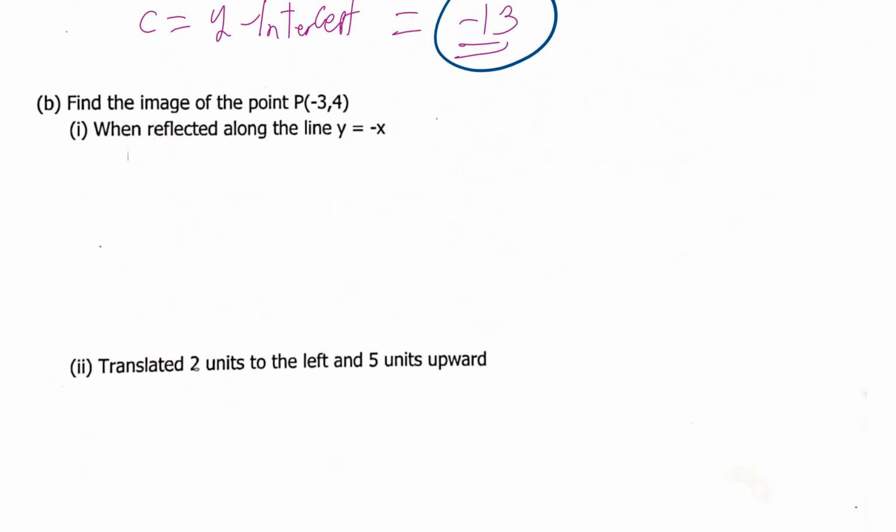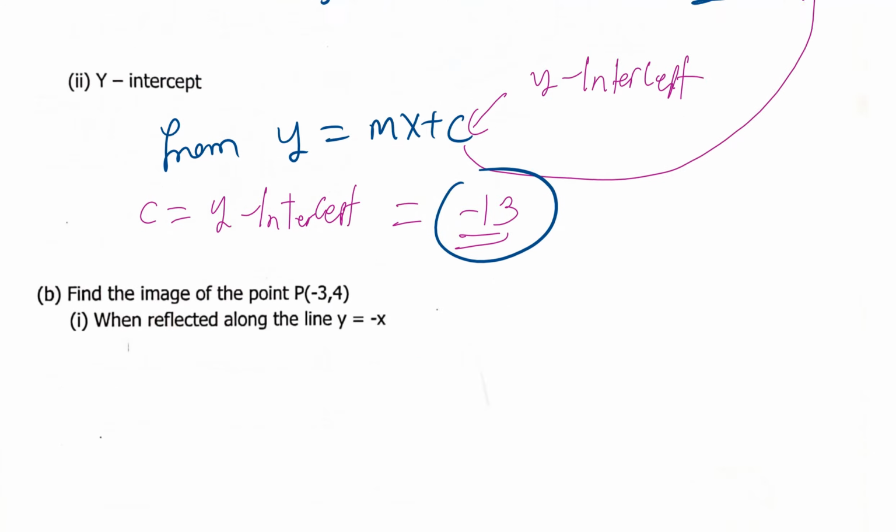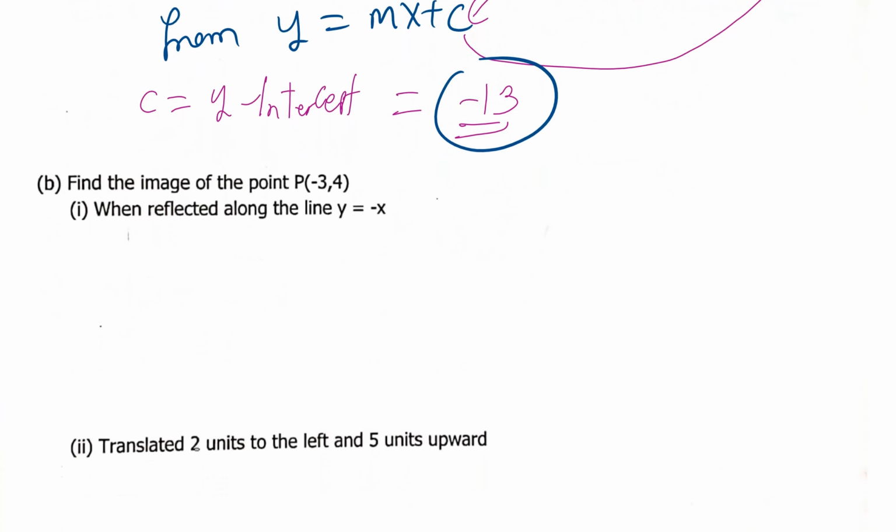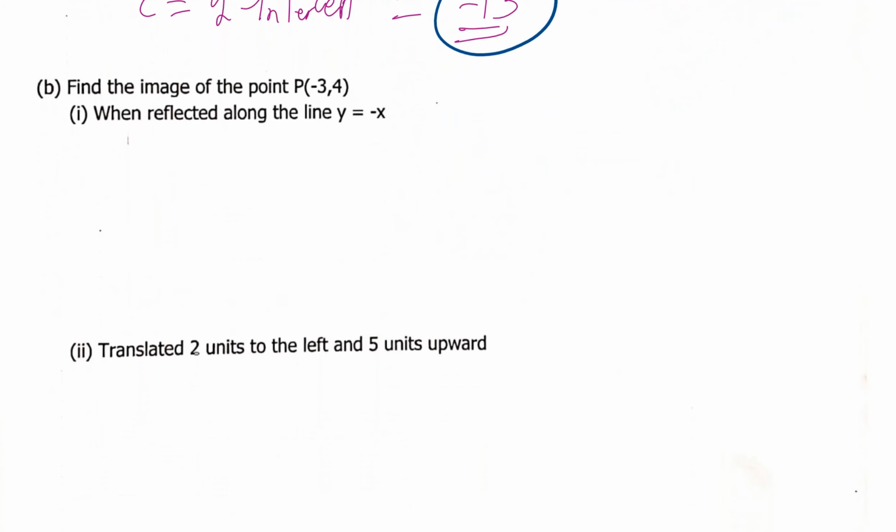Question number 6b. Find the image of point (negative 3, 4) when reflected along the line y equals negative x.